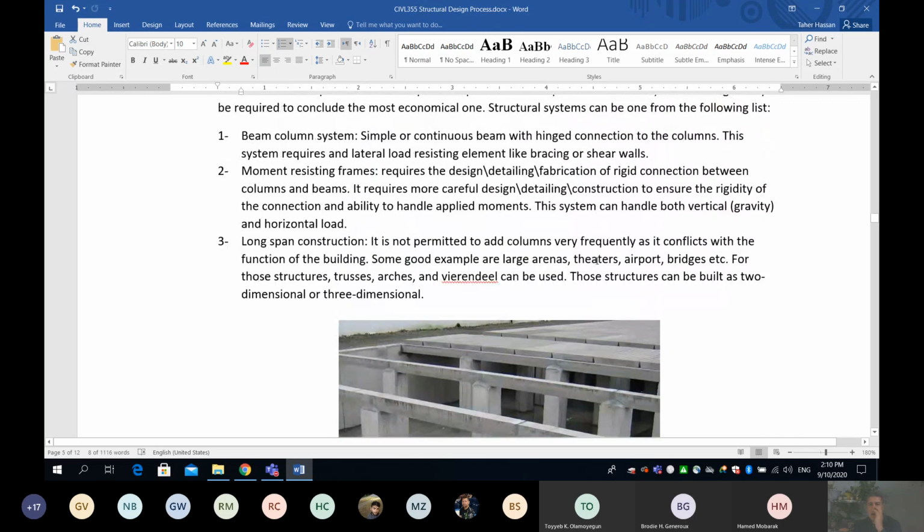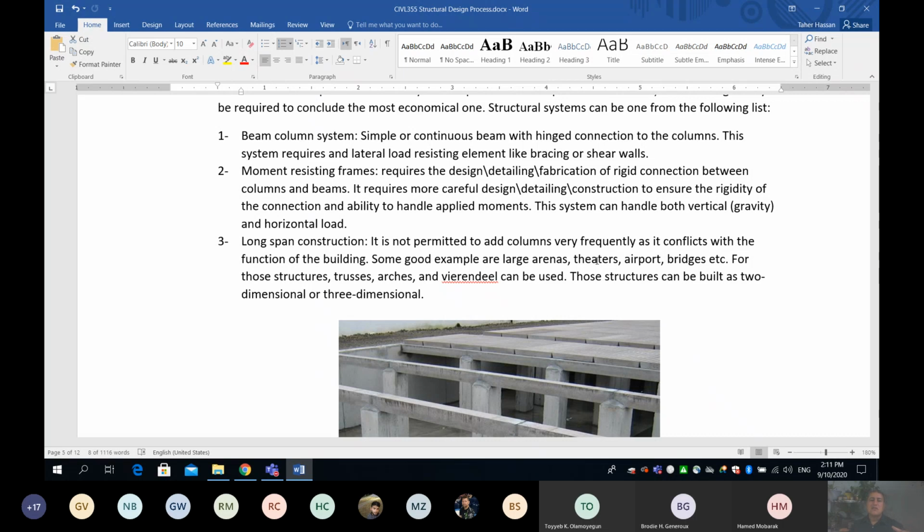Okay, next, before I move to the next part, look at this. Do simple beams resist the gravity loads or the lateral loads? Probably for this discussion we also need some introduction.